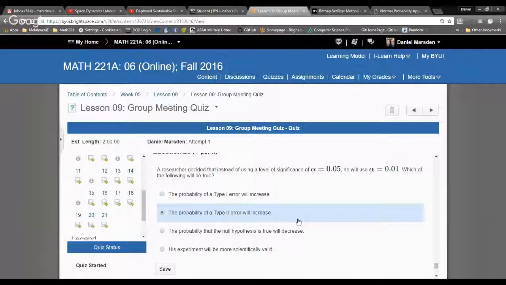I think it's B actually. Let's see. I have to go back to the preparation assignment. And I think question 9 deals with this. Question 9, part D. If you want to decrease the probability of making a type 2 error, you would have to increase the level of significance, and vice versa, right?